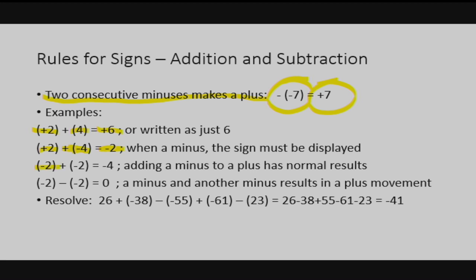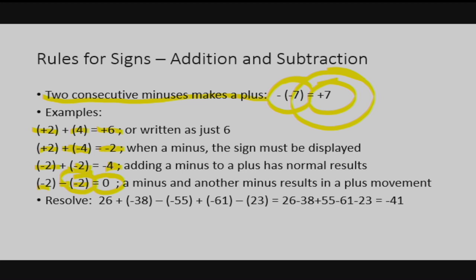Just a minus plus another minus, that will become a minus. So it's minus 2 is minus 4. And then the last one is the tricky one where it says minus 2 minus minus. And remember that minus and minus becomes a plus. So it's the same as to say minus 2 plus 2 equals 0.